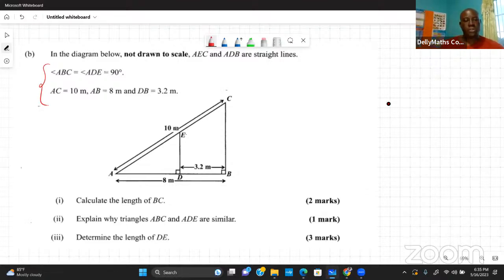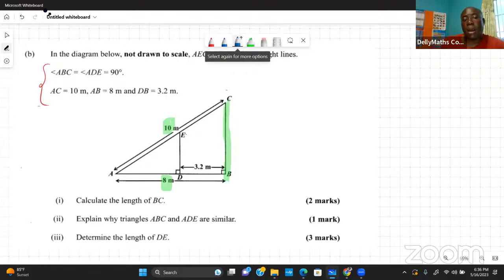Now, first question says, calculate the length BC. Look at BC. Here is BC. As you could see, it's a part of this big triangle right there. So I'm seeing that triangle and I realize that I have the sides. I have 10, I have 8, and it's a right angle triangle.